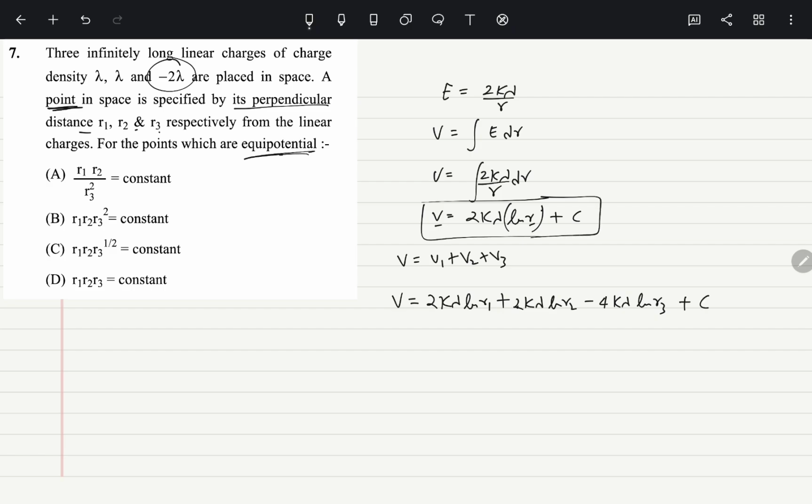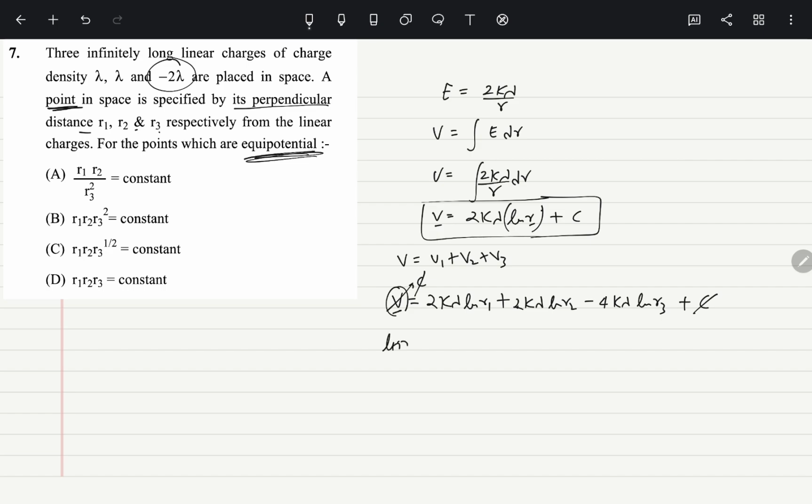Now V is the potential, and we need to find the equipotential surface. So V is a constant, so this constant cancels. Potential is constant, so we just need to get a relation when the potential is constant. From here, 2k lambda is common and will go to 0.